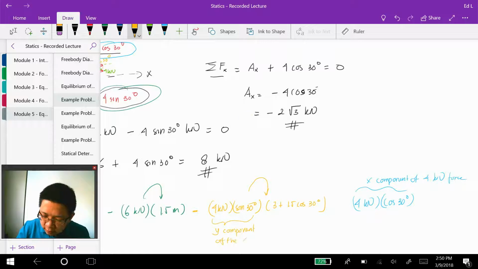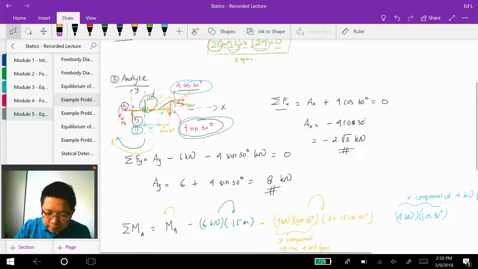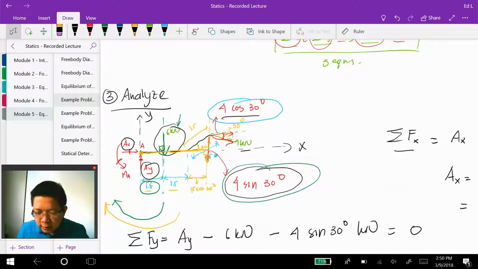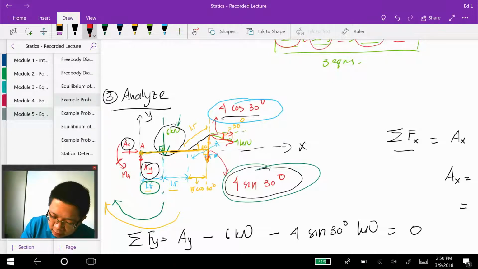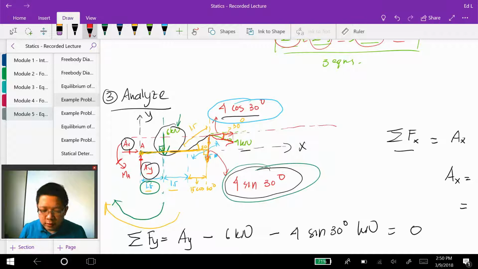In here the moment arm is as follows. First we extend the line of action of the x component of the 4 kilonewton force with respect to point A. The perpendicular distance is this, and that distance is the same as this, so it's 1.5 sine 30 degree.